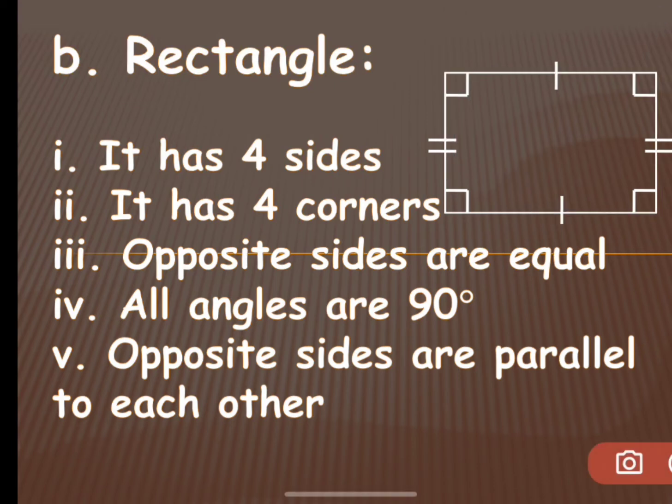Okay children, so there are three similarities between a square and a rectangle. Both have four sides, both have four corners, all angles are equal, which measures 90 degrees, and opposite sides are parallel to each other. Only one difference you have. In a square, all sides are equal. In a rectangle, opposite sides are equal. Okay, let's see the next one.